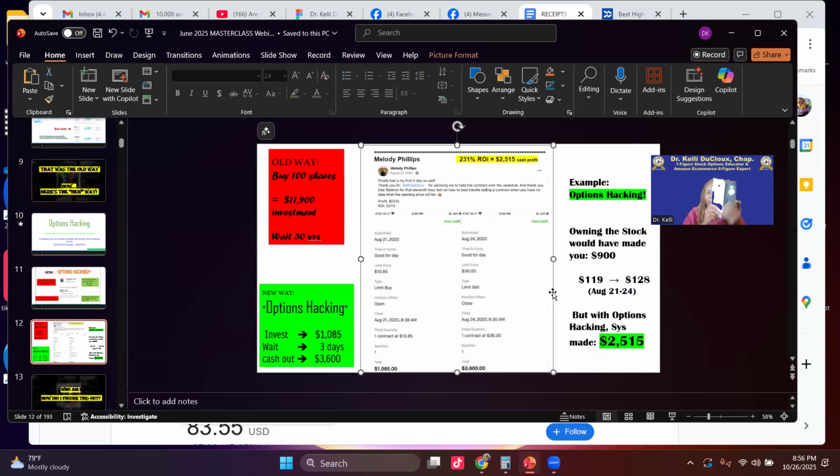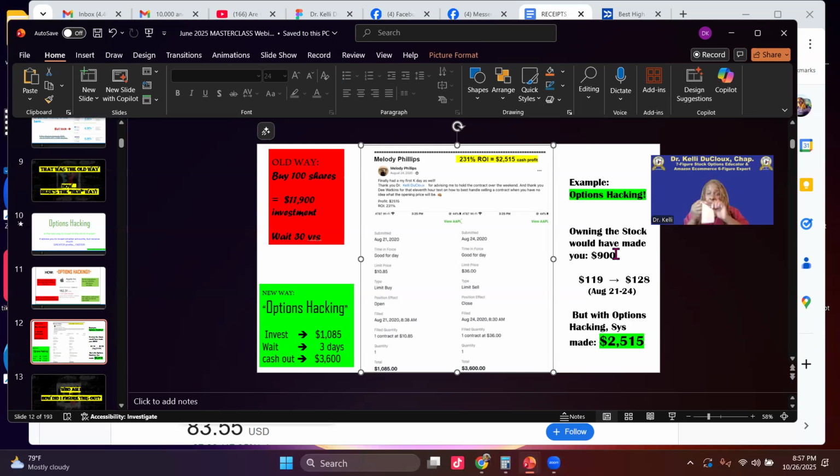If she had bought the 100 shares the old way, first of all, she would have paid 11,900. And if she had waited those 3 days and cashed these out and sold them to somebody else, she would have cashed out at 12,800. That means she would have only made $900, even though she invested 11,900.